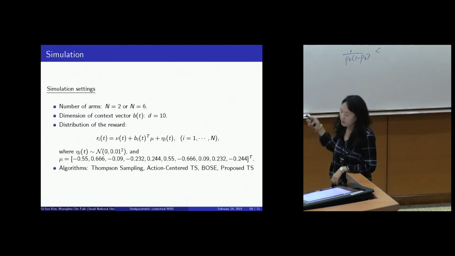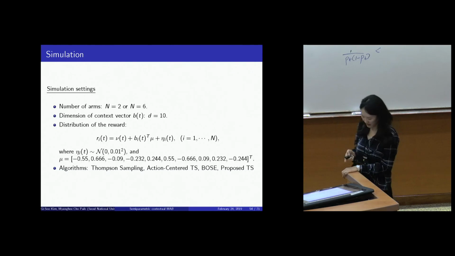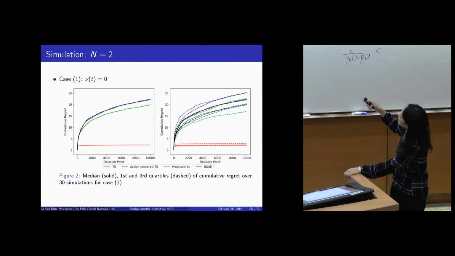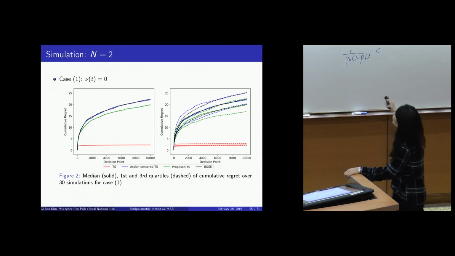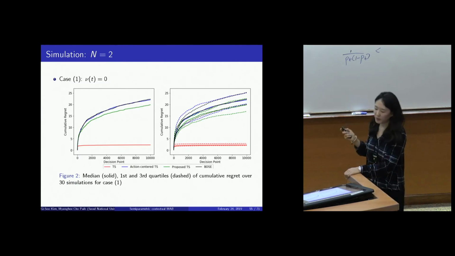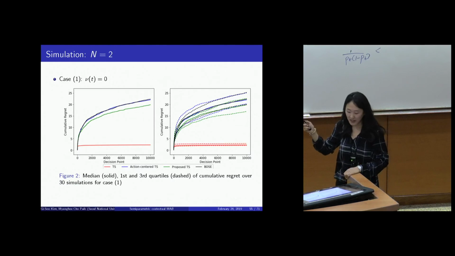We set the dimension of the context to 10 and assumed a semi-parametric reward. The left plot is the median of the cumulative regret over 30 simulations, and the right figure shows the medians and also the 25 and 75 percentiles of each algorithm, expressed in dashed lines.